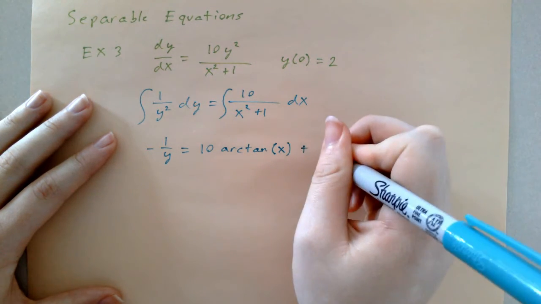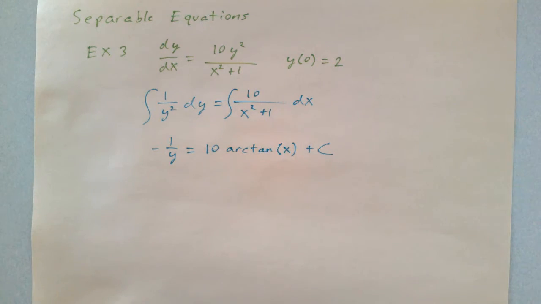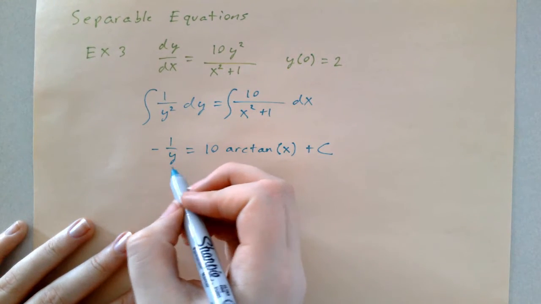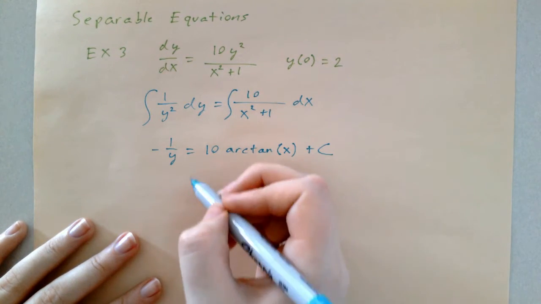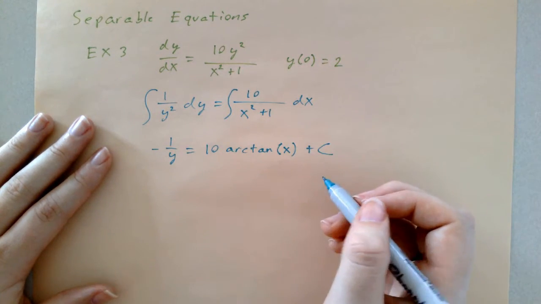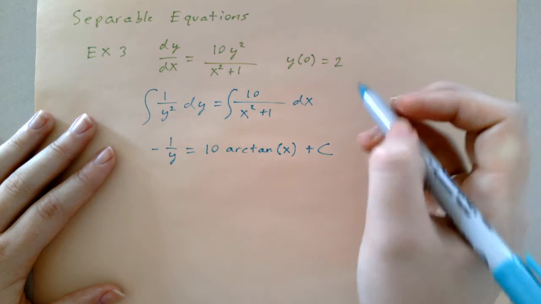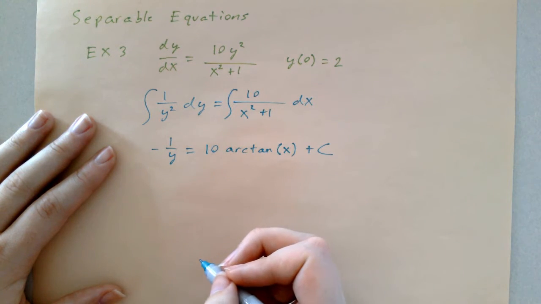And don't forget, always important, plus c. We could isolate y at this point by obviously multiplying across by negative 1 and then inverting both sides of the equation. But if we look at the way this equation is laid out and our particular initial conditions, it seems easiest to just solve for c now and then isolate y.